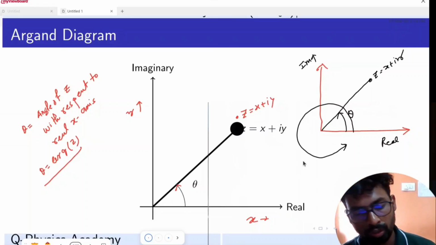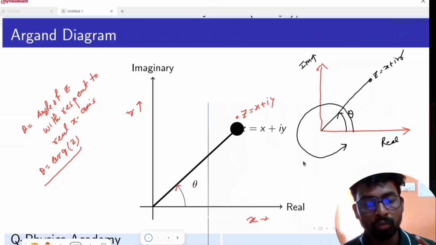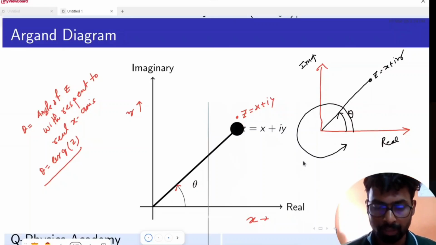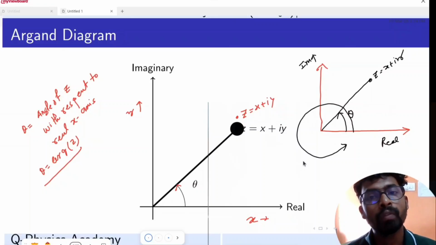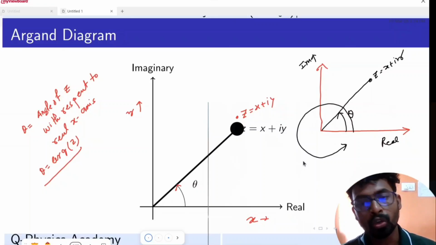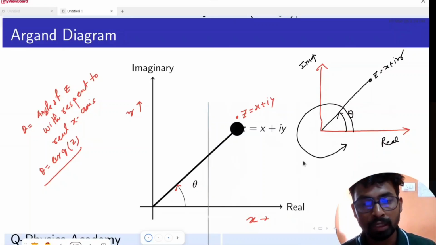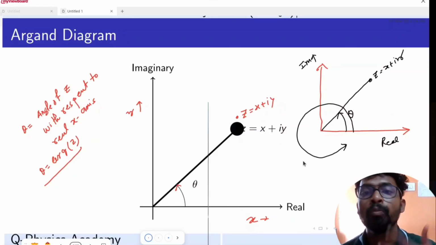So now we have the generalized form of the argument of a complex number. The argument of any complex number is not exactly theta, it is theta plus an integral multiple of 2 pi.